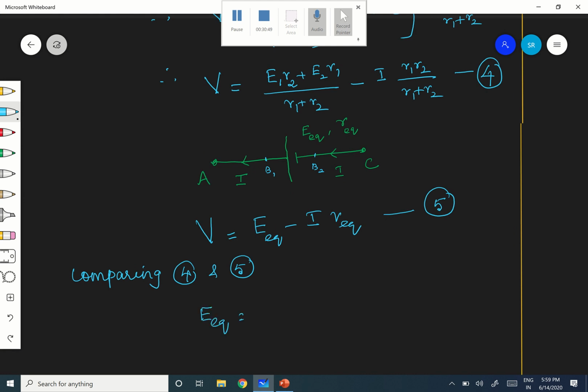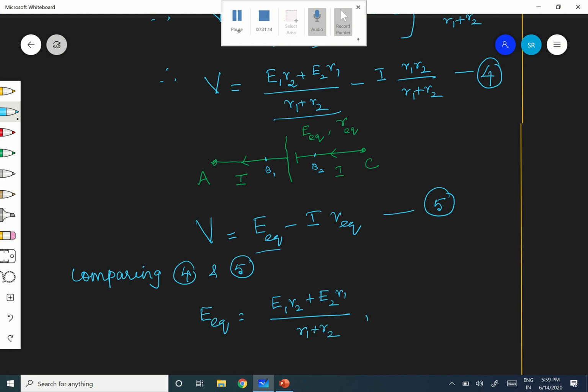It is with respect to 2 cells only. E equivalent is nothing but (E1 R2 + E2 R1) divided by R1 plus R2. See, in the place of E equivalent, this is there.